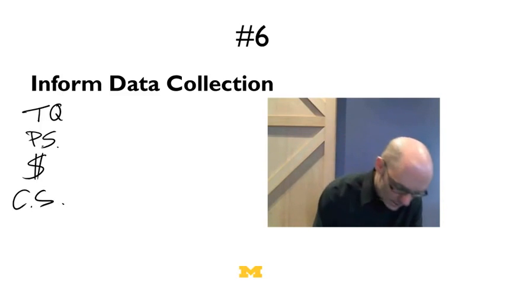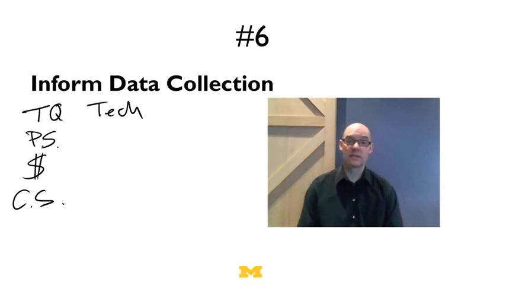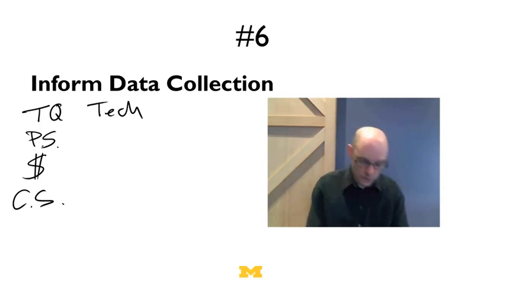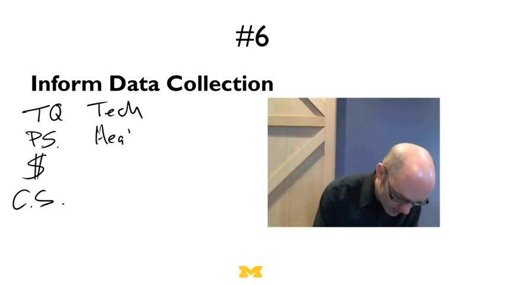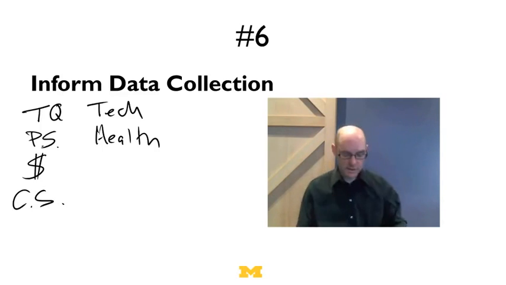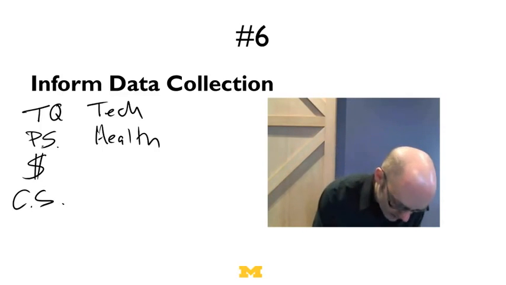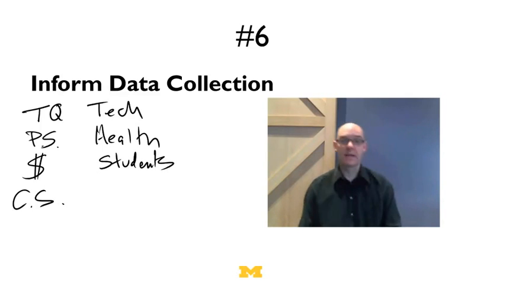You might argue that technology matters. Is there technology in the classroom? You might even argue, is health a big consideration? And you could even argue, what are the other students like in the school? Are there peer effects? Does that affect how well students do? So if you don't have a model, you don't even know what data to go get.